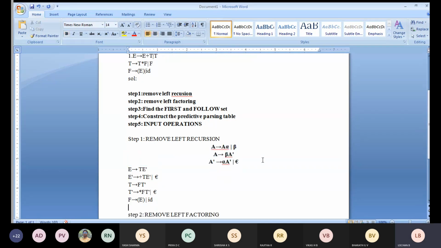This will be the format we will be using. Okay. By taking these two, we will be solving the problem.